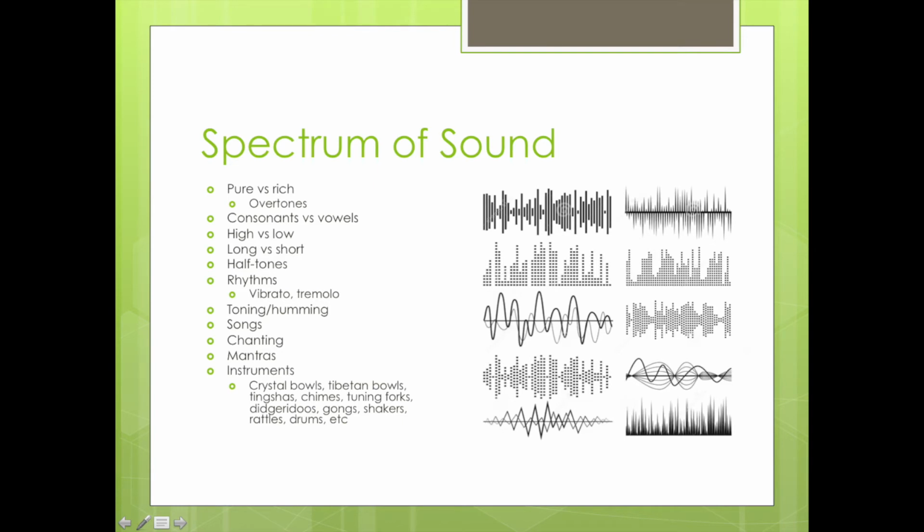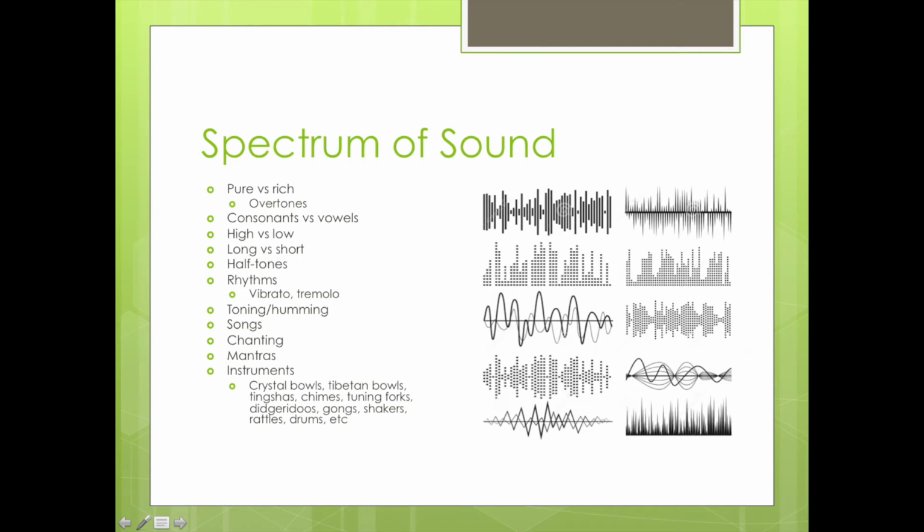We can look at half tones, which are our flat and sharp notes. We can look at rhythm and vibrato or tremolo. Vibrato is a modulation effect that varies pitch, and tremolo is a modulation effect that varies amplitude or volume. And this creates a sense of rhythm and movement.